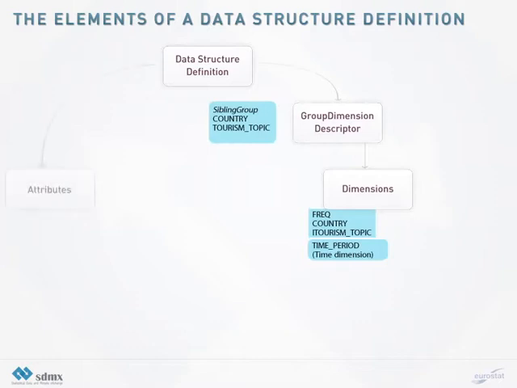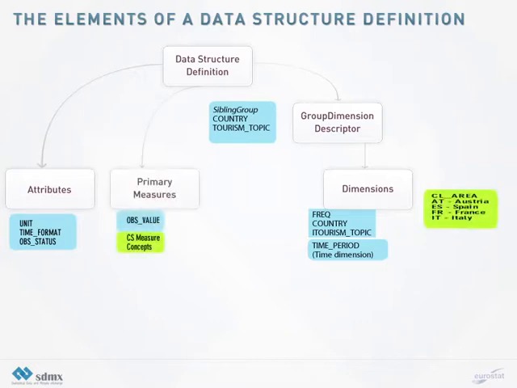The attributes are providing more information about some part of the data set. Each attribute must be assigned to a so-called grouping or attachment level. The primary measure, defining the observation value of the data set. The measure dimension, comprising 1 or more measures.